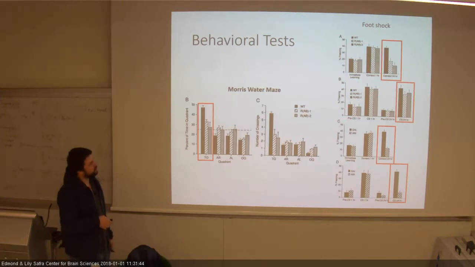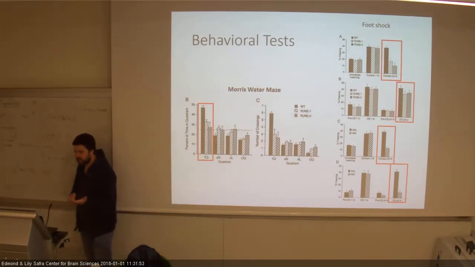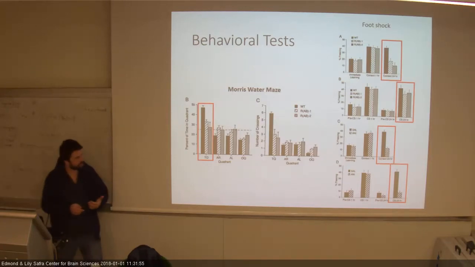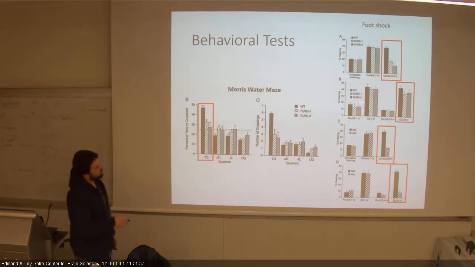the general ability, or all types of memory, of the animal. So they chose a task that is regarded as an amygdala task and not a hippocampal task, which is fear conditioning.